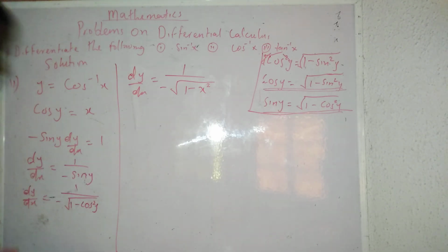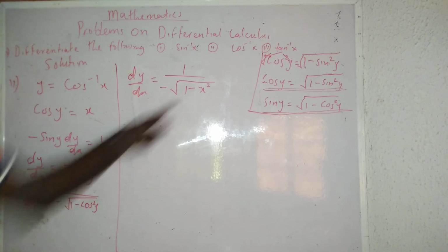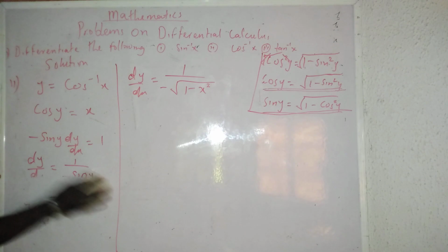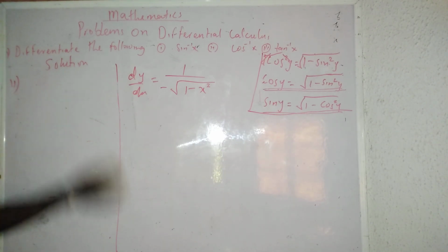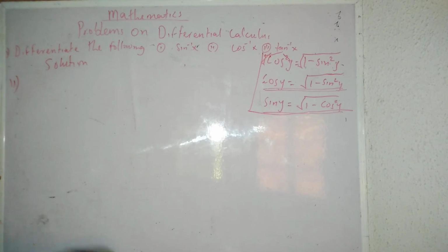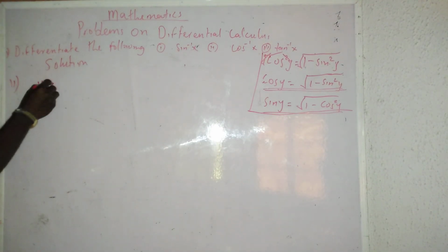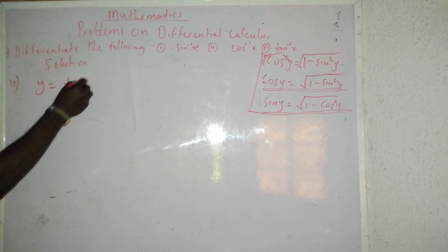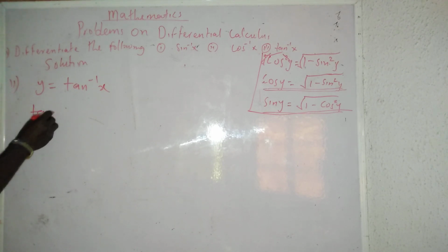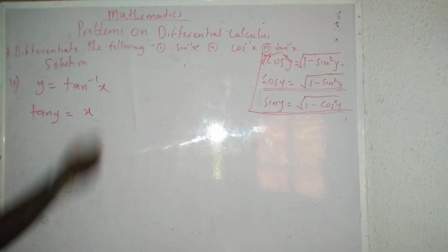Now, for the third one, question 3, the one of tan inverse. The same way, I can say that y equals tan inverse of x, so tan y equals x.